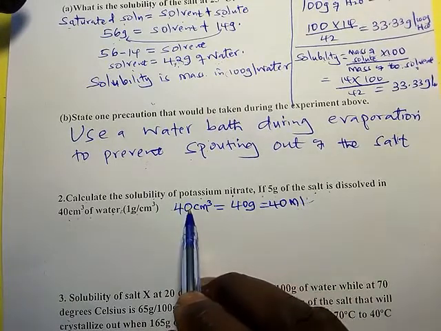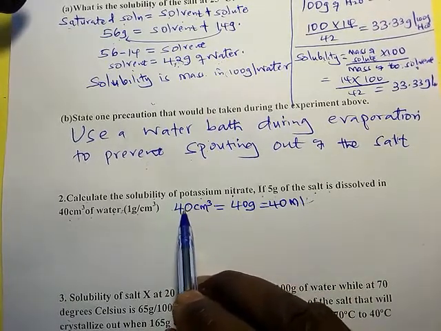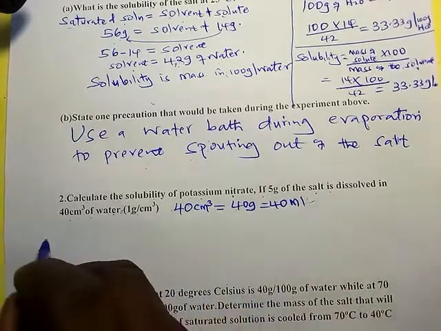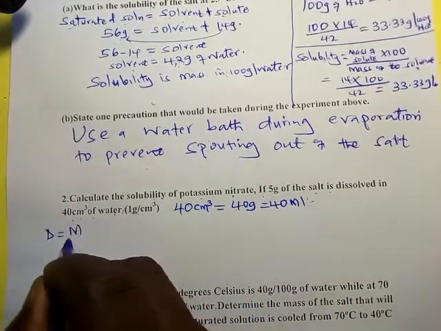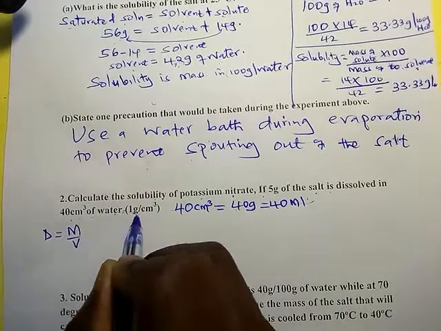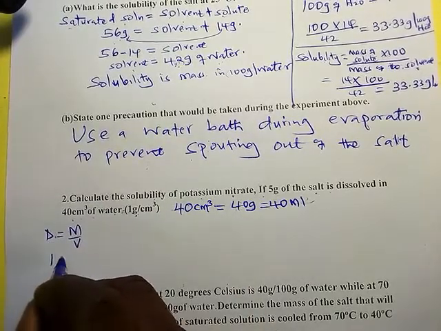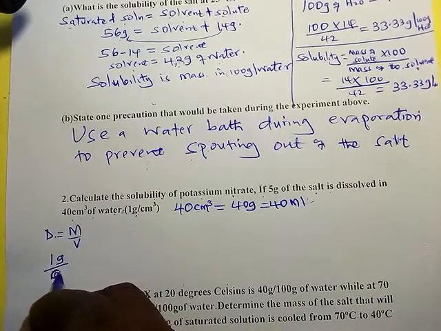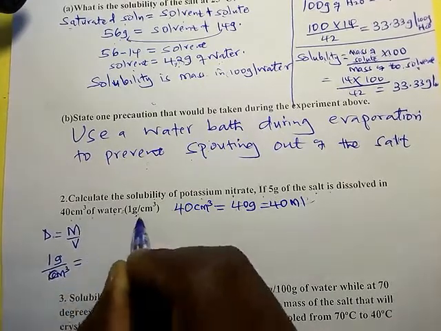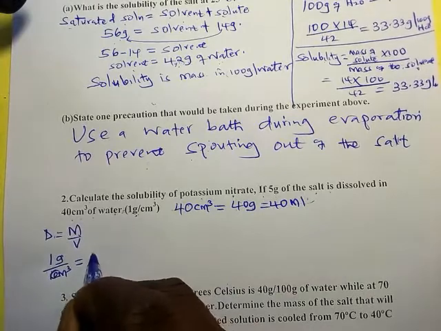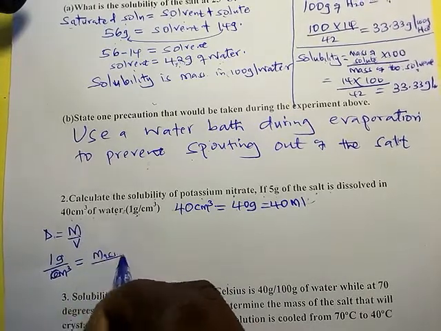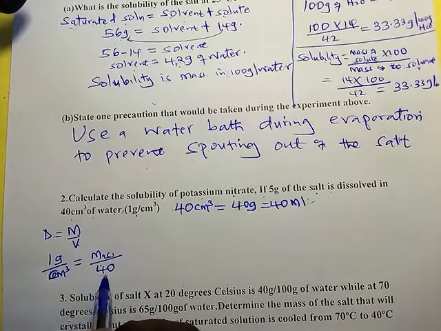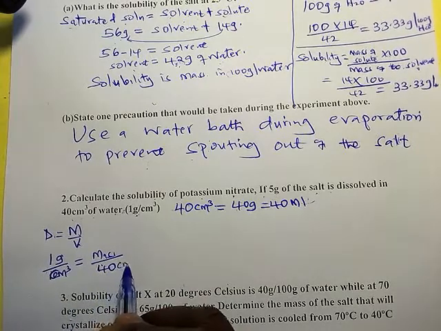Now maybe somebody is wondering how can 40 centimeters cube be 40 grams? This is how. You know that density is equal to mass over volume. The density of water is 1, so put 1 gram over centimeters cube, equal to the mass, which we don't have, over the volume, which is 40 centimeters cube.